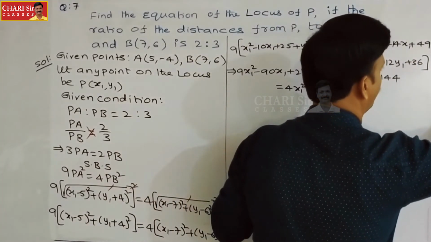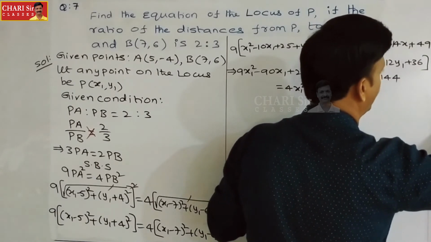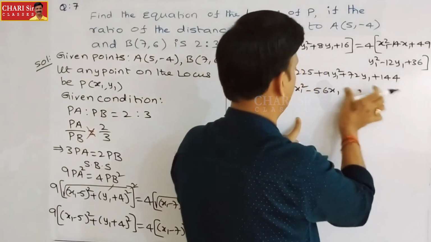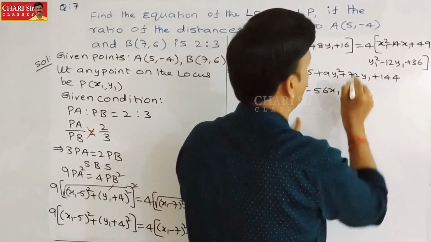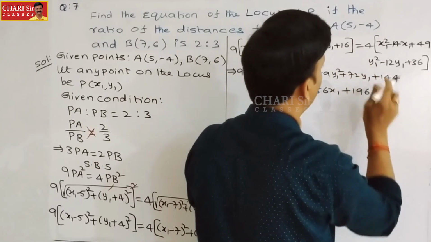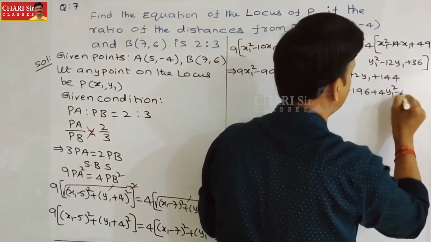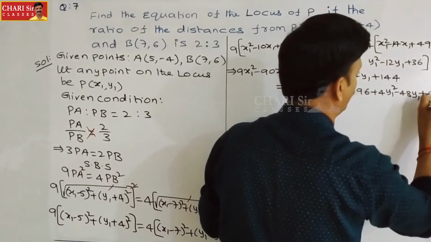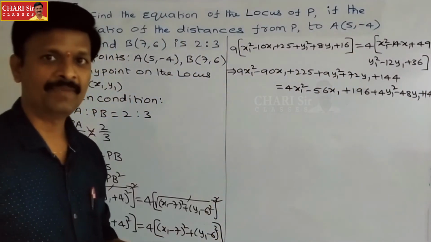Plus 4y1 square, 4 into 12 minus 48y1, and plus 36 into 4, 144. So these are the complete terms.